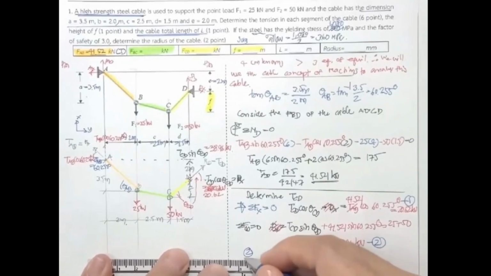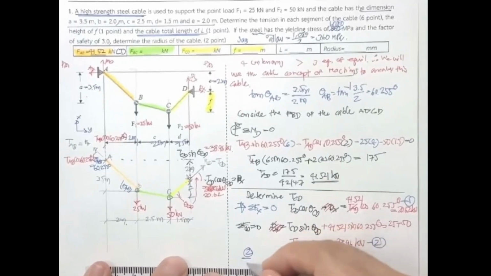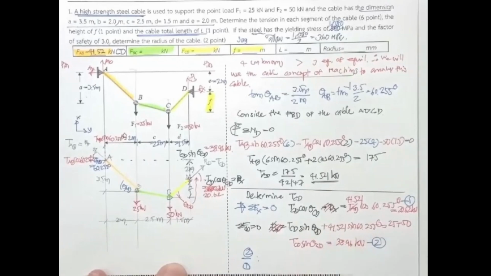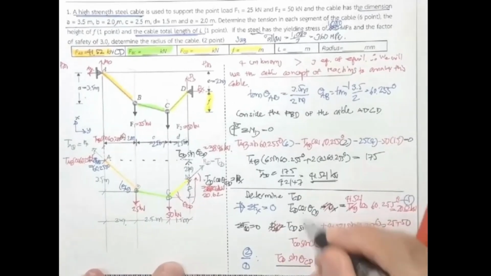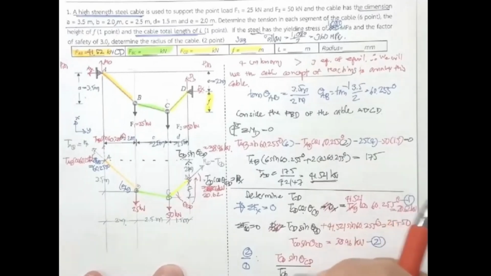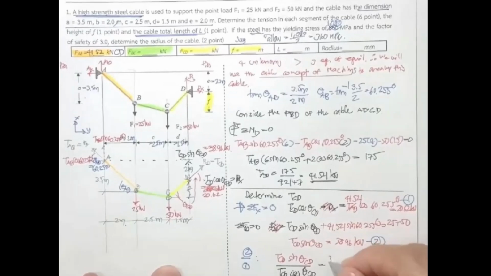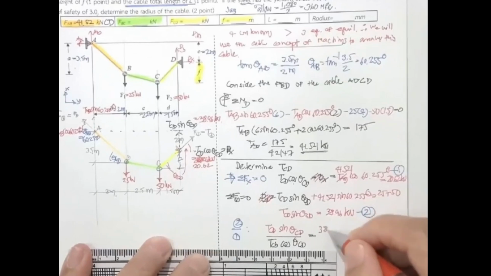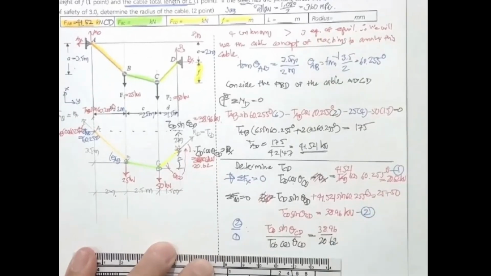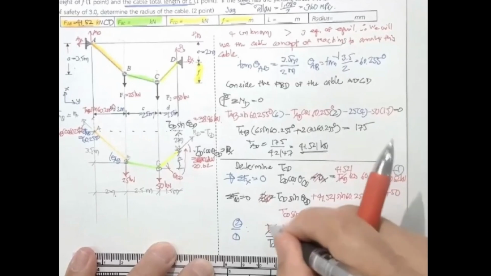You will get T sub CD sine theta sub CD divided by T sub CD cosine theta sub CD equal to 38.96 divided by 20.62, and then the T sub CD cancel each other.